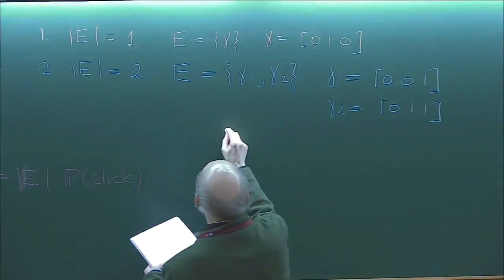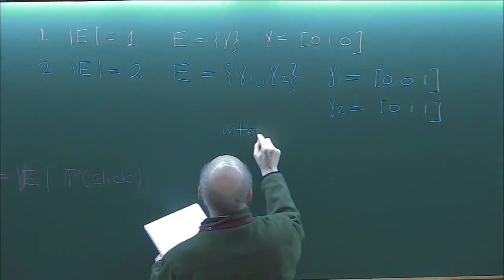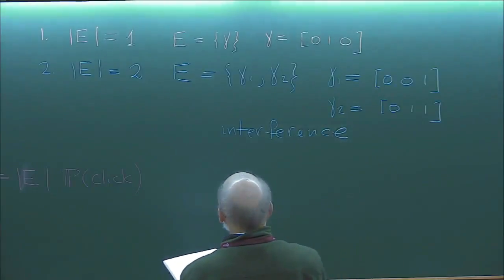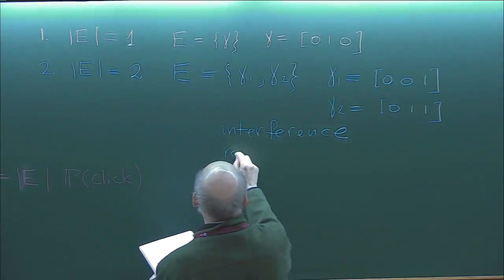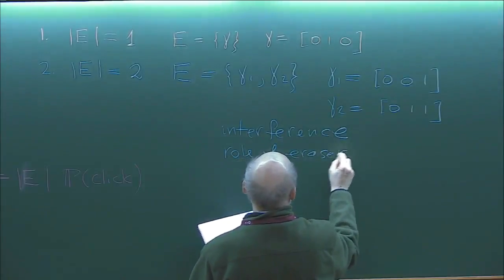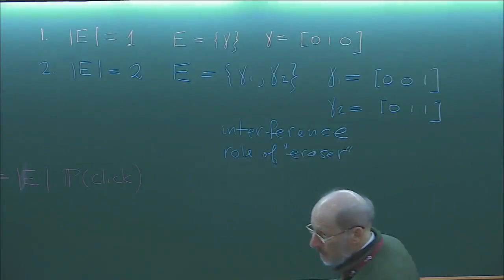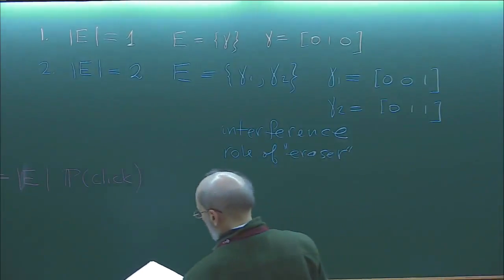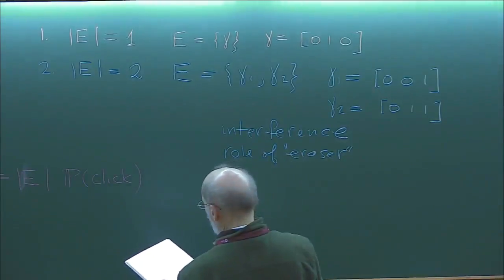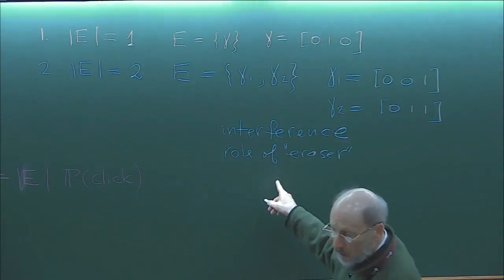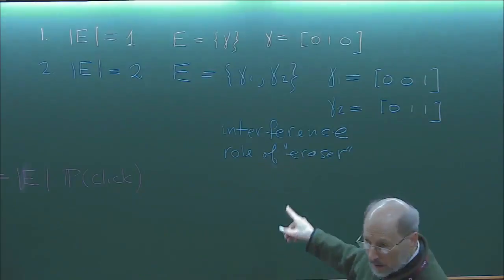So this is the first case in which we would see the effects of interference. We'll also see here the role of what's often called the quantum eraser. We don't need that word, but for those who know what it is, it will help to understand what's going on in this setup.